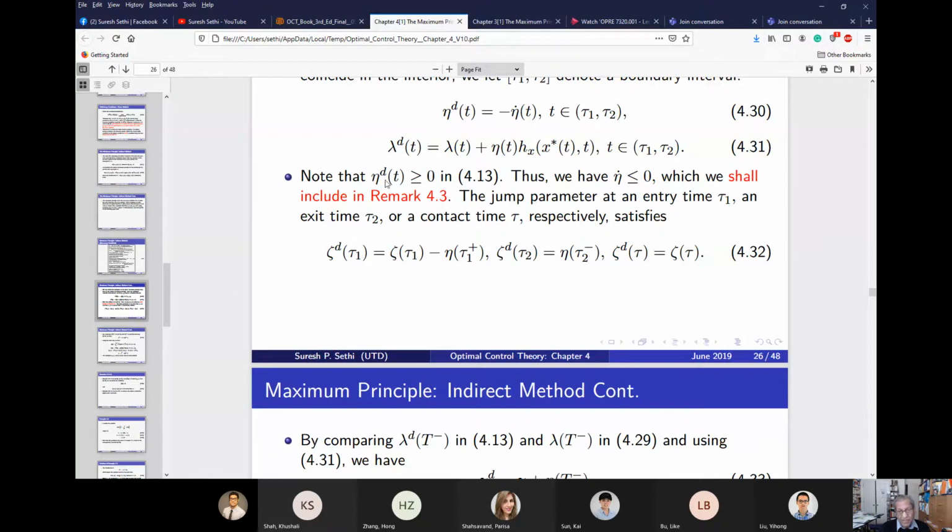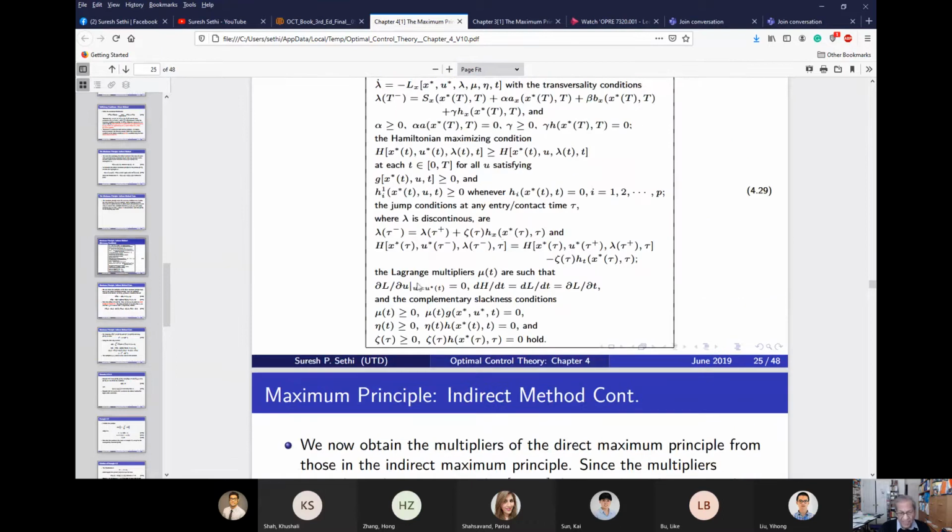But notice in the indirect principle, in the direct principle, I have this condition. If I have this condition, then you see from here, I have this. So some people put that condition in the maximum principle itself. So when they say eta, they put eta dot less than or equal to 0 here.